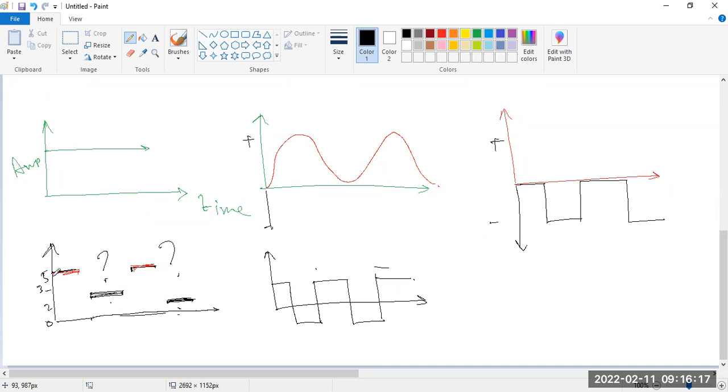So the level is not equal everywhere. So how could you nomenclature this signal? There is a specific name.